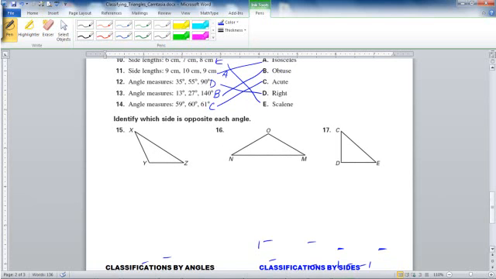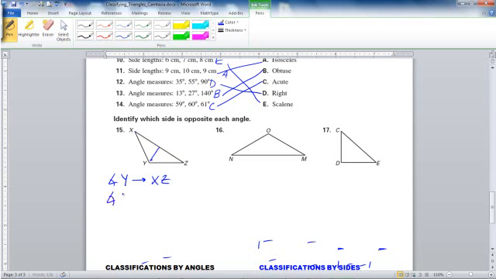Now some other options you're going to be looking to do as far as the triangles are concerned, it's going to say identify which side is opposite each angle. So if I'm looking at angle Y, the side opposite angle Y, here's angle Y right here, and if I draw to the opposite side, remember naming a side is 2 letters, so it's side XZ.